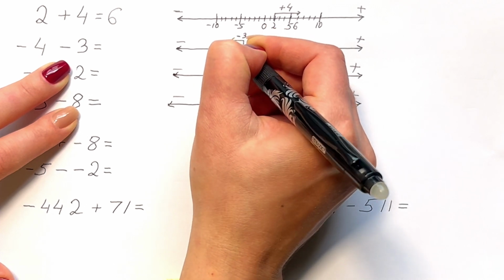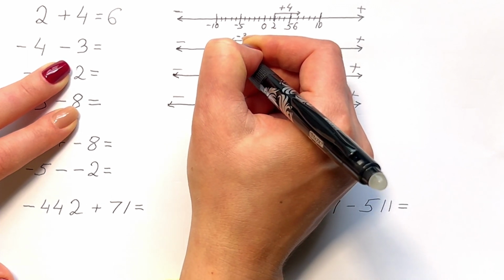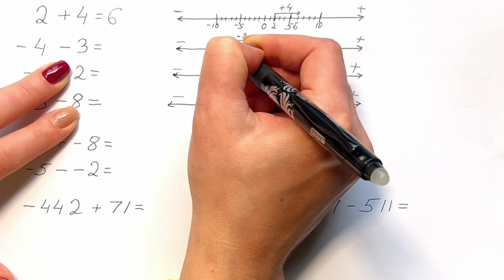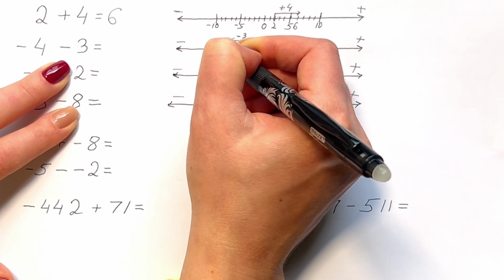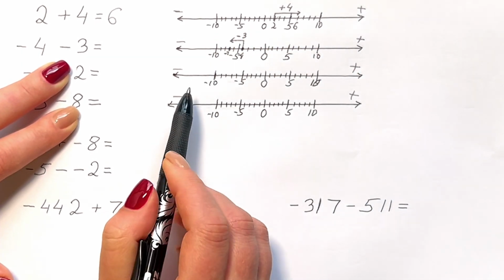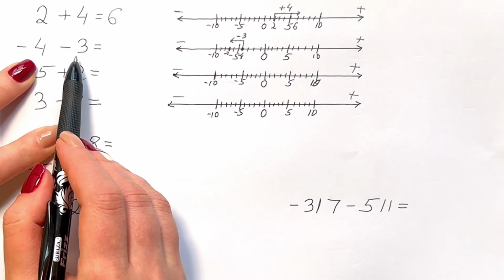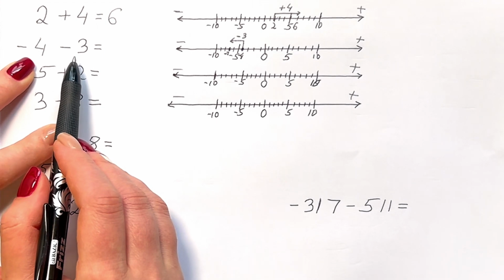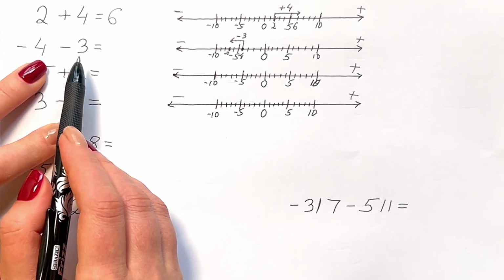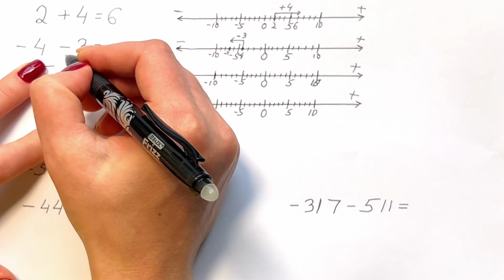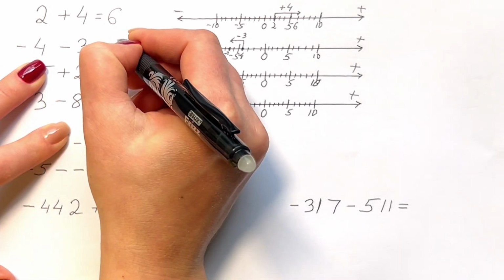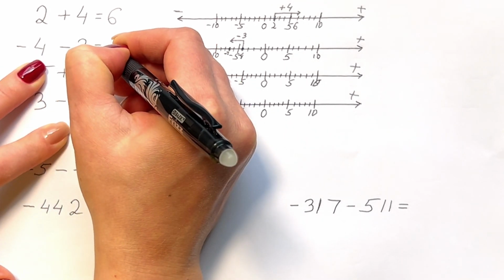Minus 3. I'm going left 3 digits, which is gonna be negative 7. Okay, so if I have negative, negative, I'm gonna combine them and put a negative sign. So combine them, 4 plus 3 is 7, and it's gonna be negative.